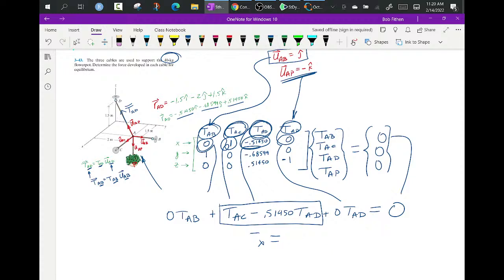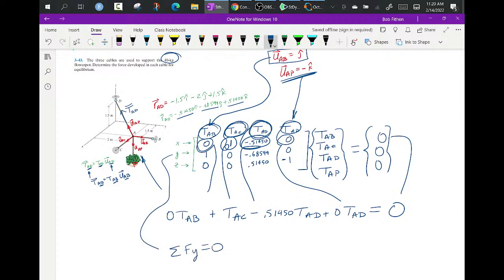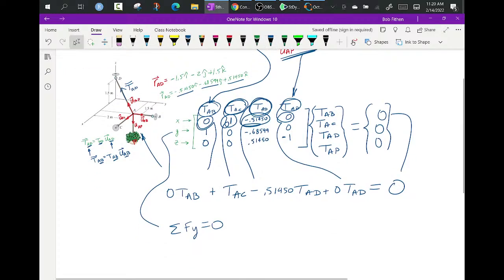Now, you do this over and over, and you'll end up with the sum of the forces in the y direction out of the second row, and the sum of the forces in the z direction equals 0 out of the third row. You've had matrices before, how does this sit with you?